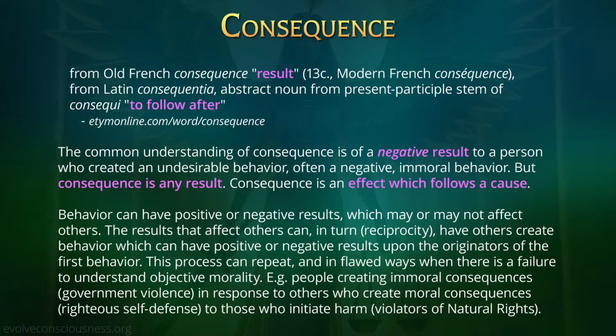And so people in society view those people as being violent when they're applying consequences to those who actually initiate harm. So things are backwards in society because people don't have the knowledge of objective morality. So this application of consequences as any result, something that follows after, is being corrupted.